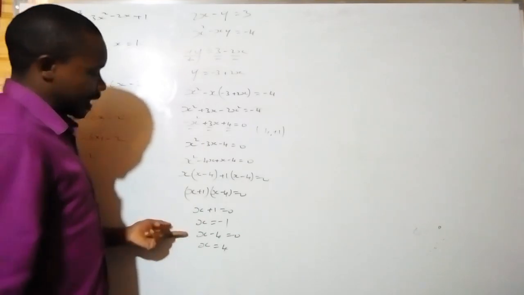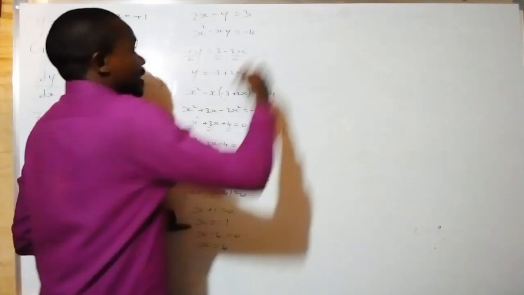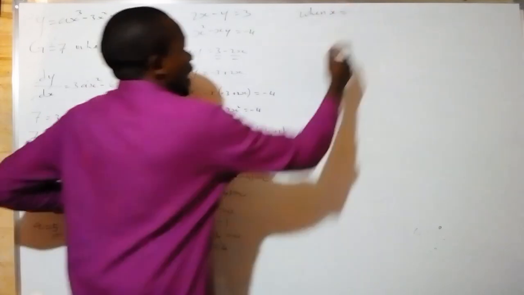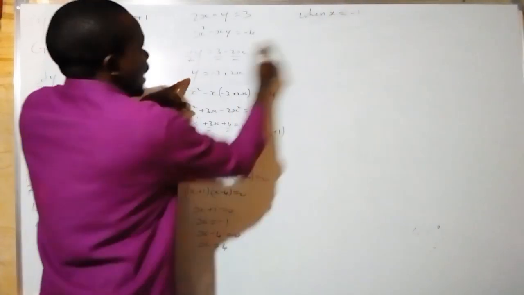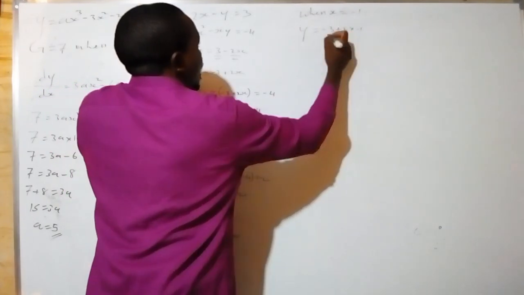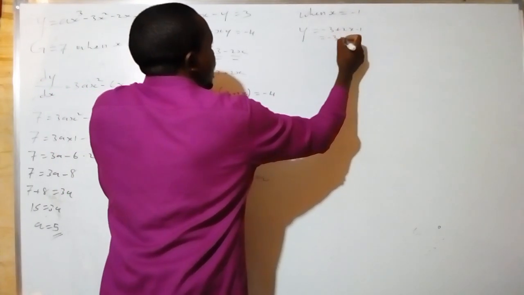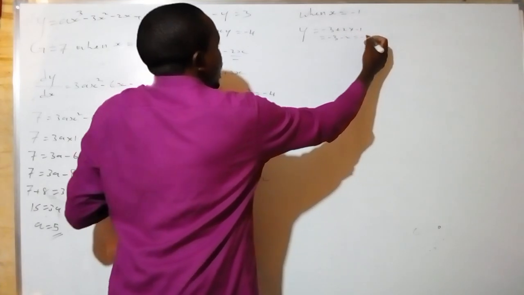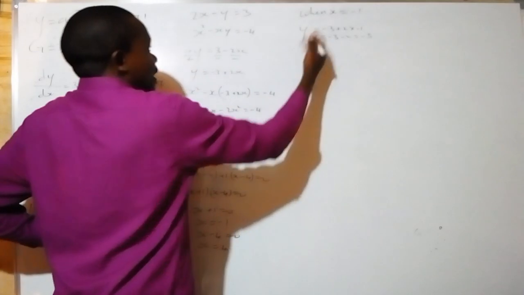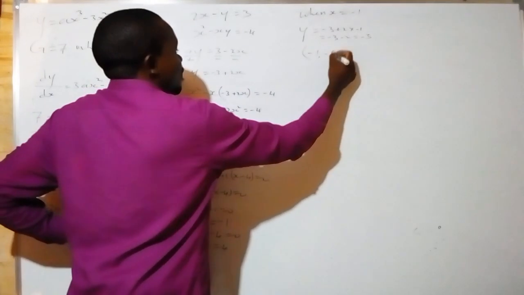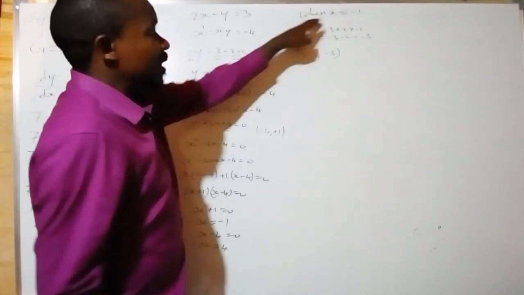Therefore, when x is equal to negative 1, y is equal to negative 3 plus 2 times negative 1. 2 times negative 1 is negative 2, so it's negative 5. Writing them in terms of coordinates, we start with x: negative 1, negative 5.